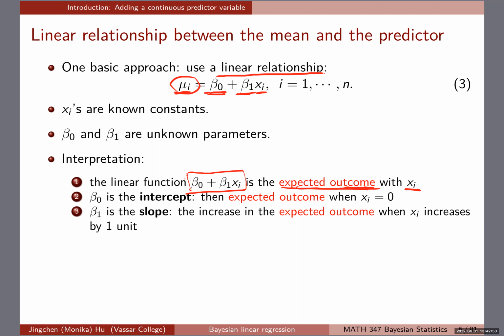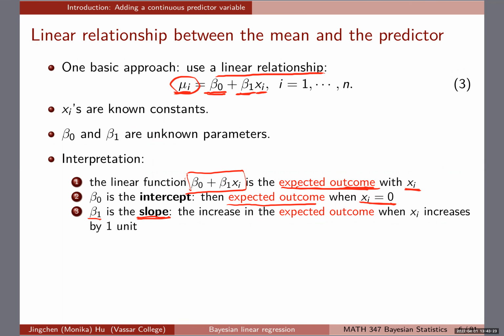Beta 0 is typically called the intercept. It's going to be the expected outcome when your xi equals 0. When xi equals 0, the second term goes away, so your expected outcome mu i just becomes beta 0, and that's why we call beta 0 the intercept, the expected outcome when your predictor variable takes value 0. Then, thinking about what it means to have beta 1, typically beta 1 is called the slope.